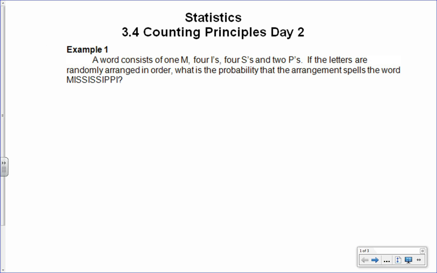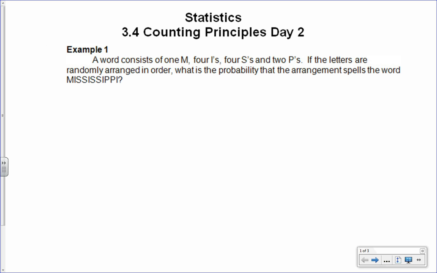The S's all look the same, correct? So if I were to switch any two of the S's right now, would you really figure that as a different arrangement than the one you saw before? No, so we have to first find out how many distinguishable ways I can jumble them up. The same thing, we have a problem with the I's and with the P's. So let's first figure out how many ways I can jumble that up.